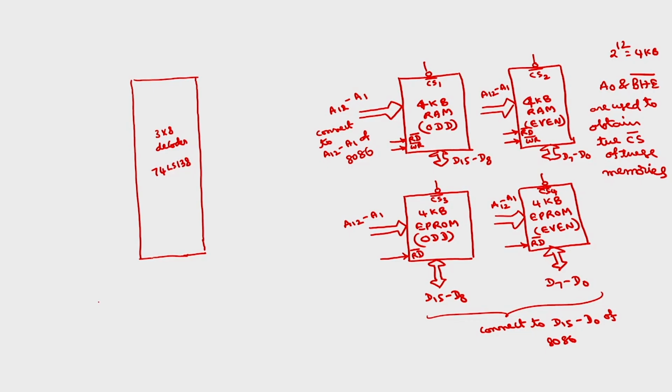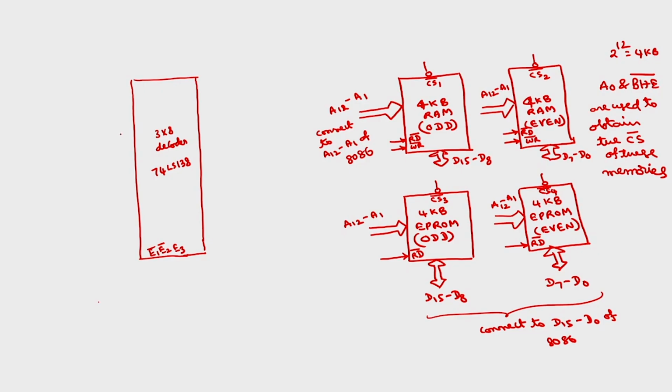This will have 3 enable signals, E1 bar, E2 bar, E3. E1 bar and E2 bar are active low signals and E3 is an active high signal.